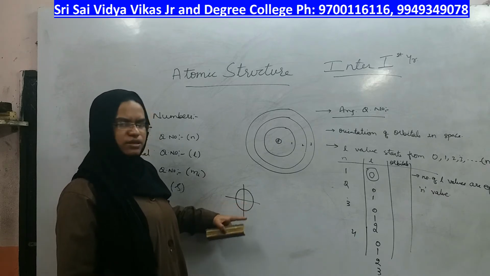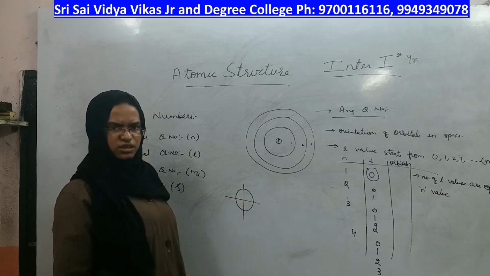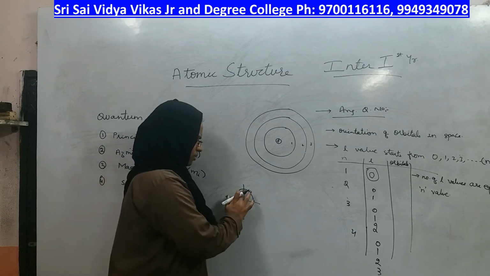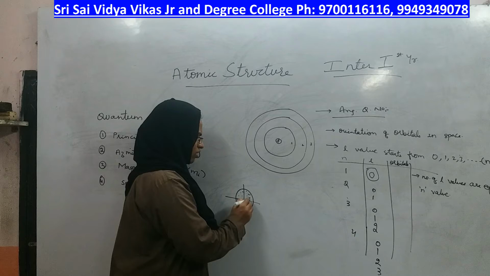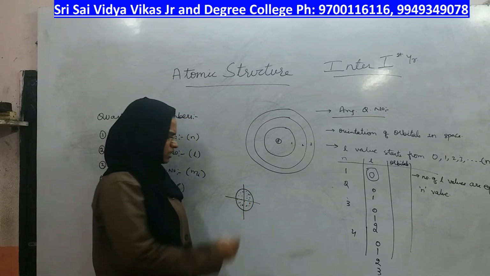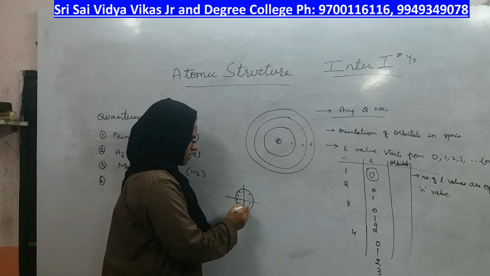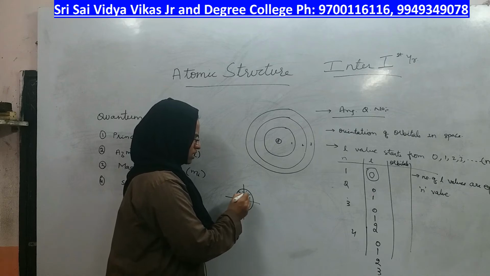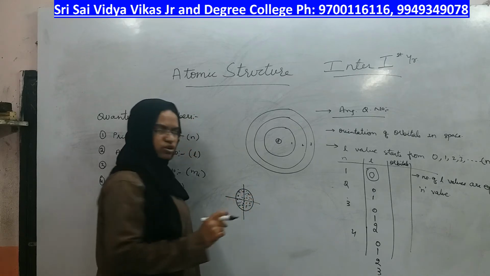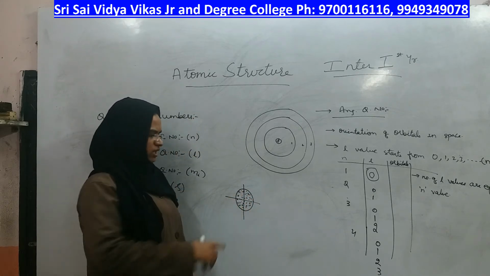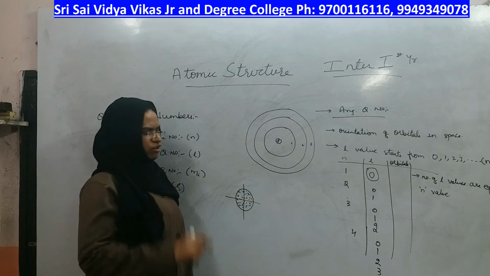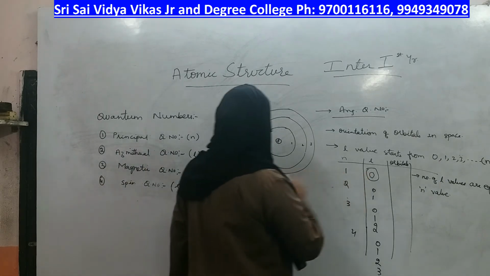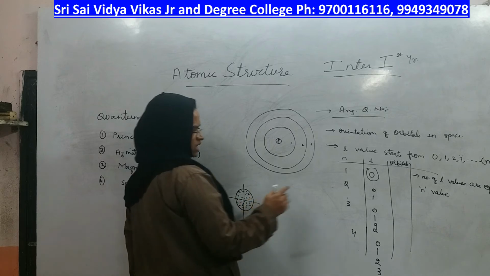Are there any nodes in this orientation? No. That means the probability of finding the electron is equal at all places. Darker regions are there throughout the circle. You do not have any nodal plane or nodal point in this type of orientation. The number of nodes is 0. That means the shape of the orbital is s.